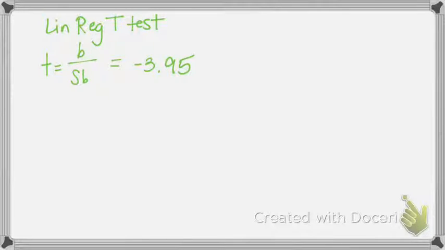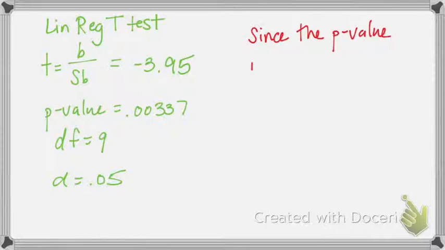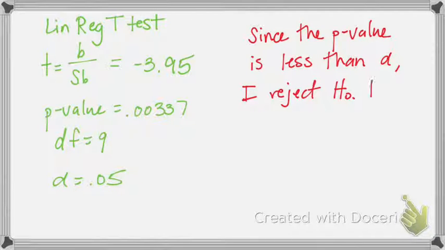Outrageous. Then it gives you my p-value, which is 0.00337. My degrees of freedom is 9. And alpha we'll assume is 0.05. From there, my conclusion would be, since the p-value is less than alpha, I reject H0.